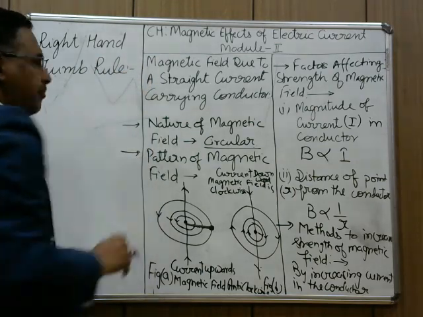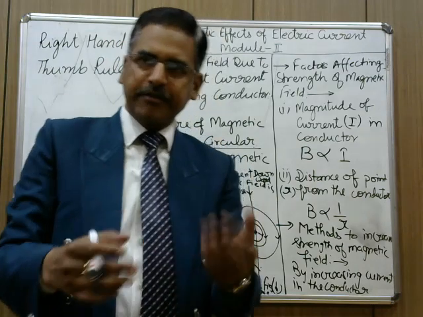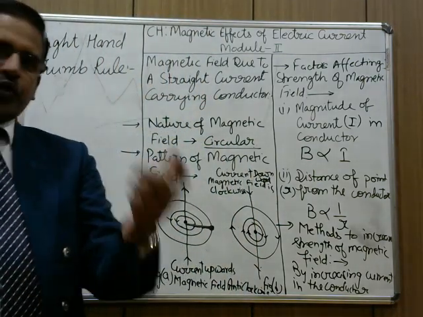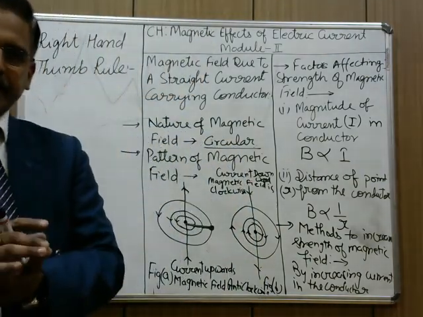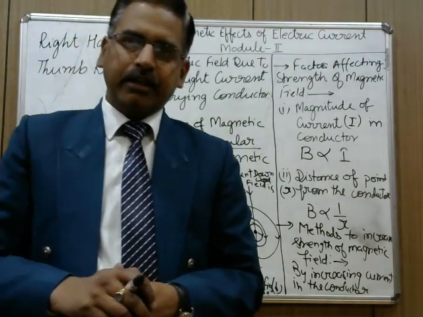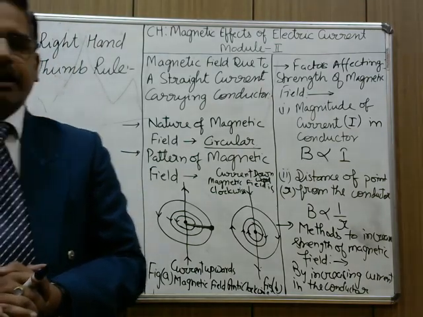This is also known as Maxwell's right hand thumb rule because it was given by Maxwell. So, in order to find the direction of magnetic field produced by a straight current carrying conductor, we apply the right hand thumb rule.